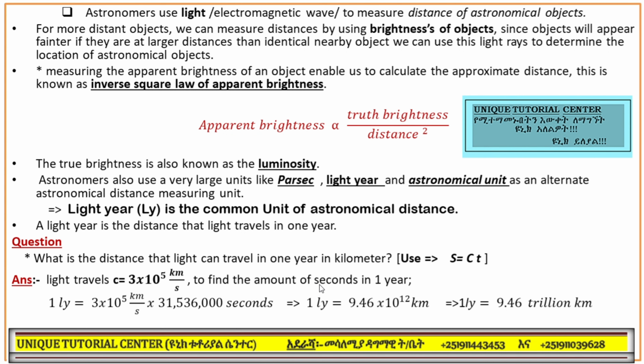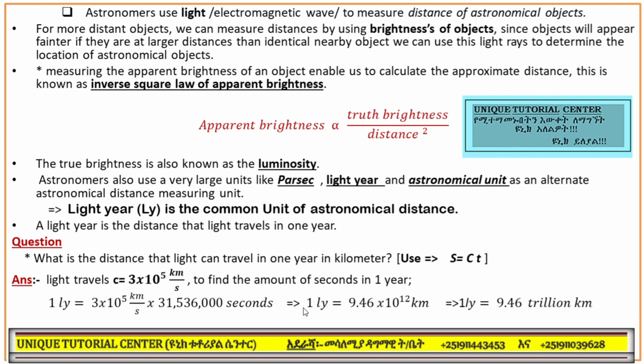And to find the amount of time, we have to convert 1 year into seconds. So this is approximately 31,536,000 seconds in 1 year. When you multiply these two, we can find that 1 light year is actually 9.46 times 10 to the power of 12 kilometers, which is 9.46 trillion kilometers.